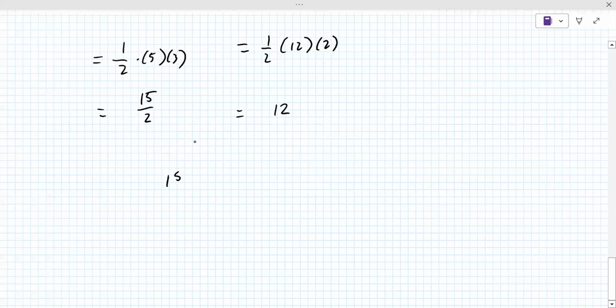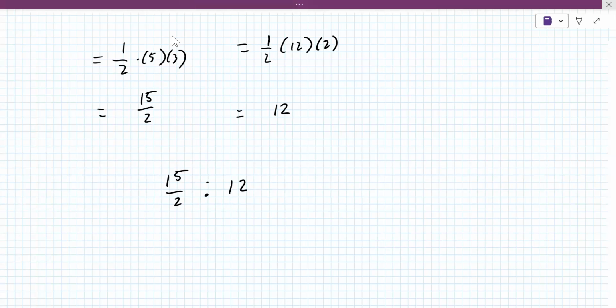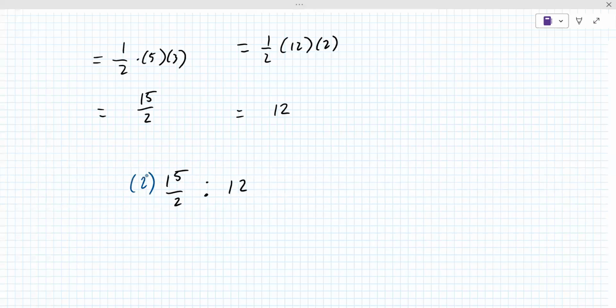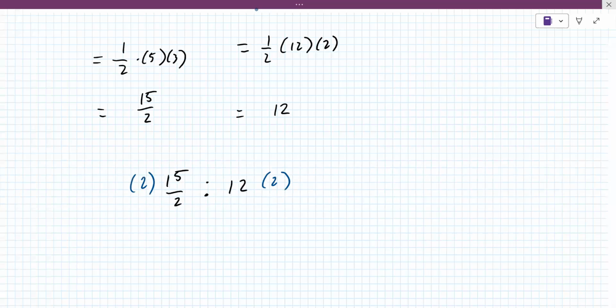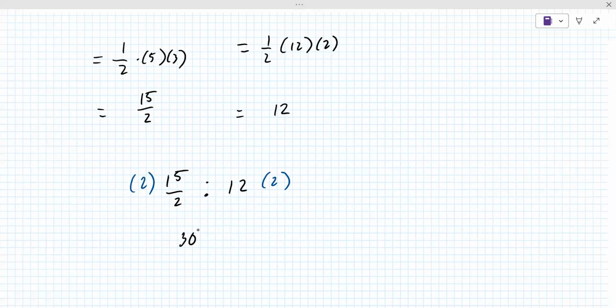So you generally don't leave fractions in your ratios, and you can treat them like fractions where you can multiply both sides by a scale factor, here 2, for example, and that will give you 15 to 24. But then you're really not supposed to leave it when you can reduce both of these by the same number. They're both divisible by 3. So 5 to 8 then. Yes, exactly. Okay. Yeah, I think that's how she wants us to do it.